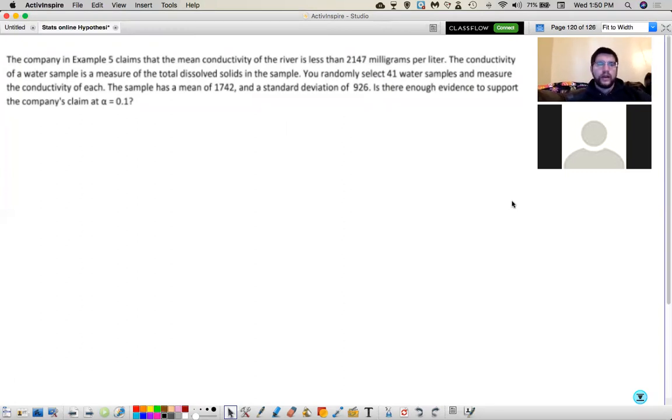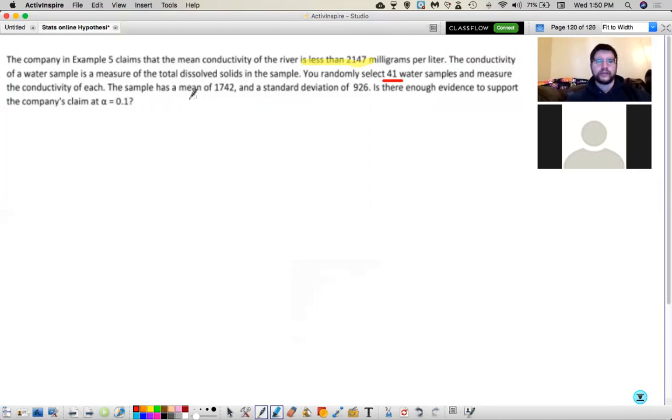There we go. A company, who cares, says that the mean conductivity of the river is less than 2,147 milligrams per liter. Conductivity is who cares, really. What we do care about is this right here. That's our claim. And we randomly select 41 samples.